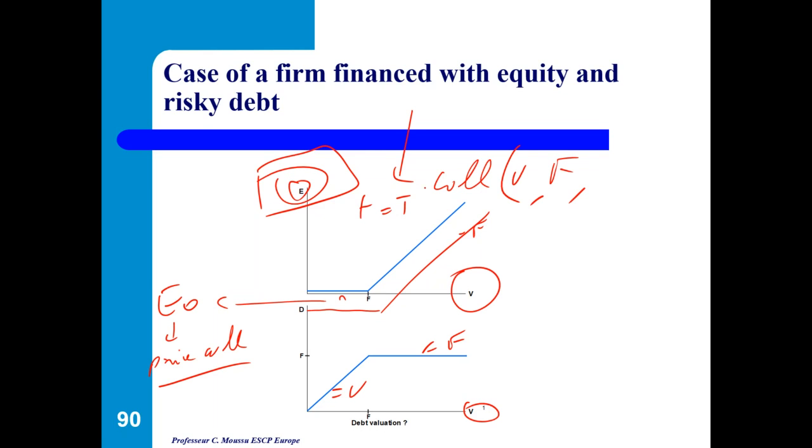T. So when I am a shareholder and I invest in a company where the debt can be risky, I have like an option on the firm value with a strike of F, maturity T.